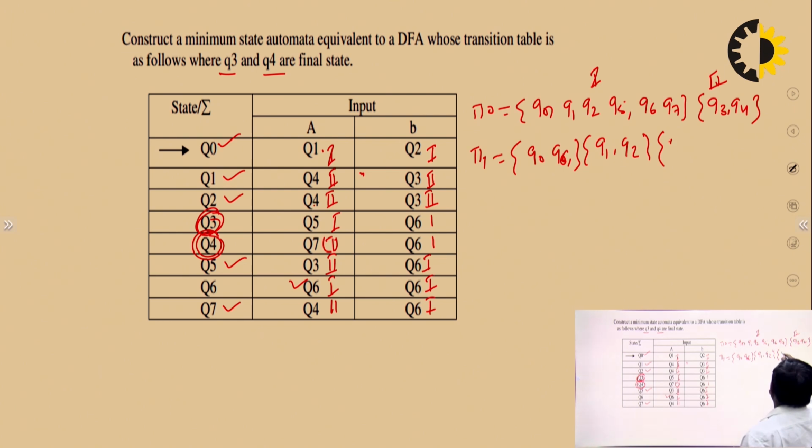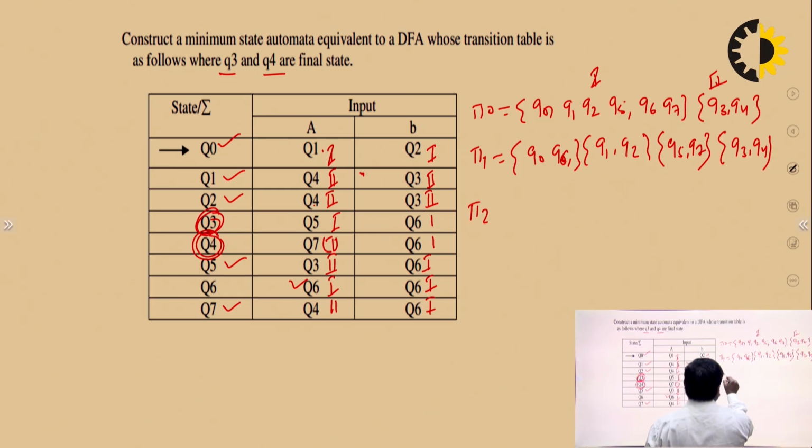Q5 and Q7 have a similar behavior, and Q3 and Q4 have a similar behavior. We move on to the next step, that is pi 2, that is set 1, set 2, set 3 and set 4. The same process applies, checking.